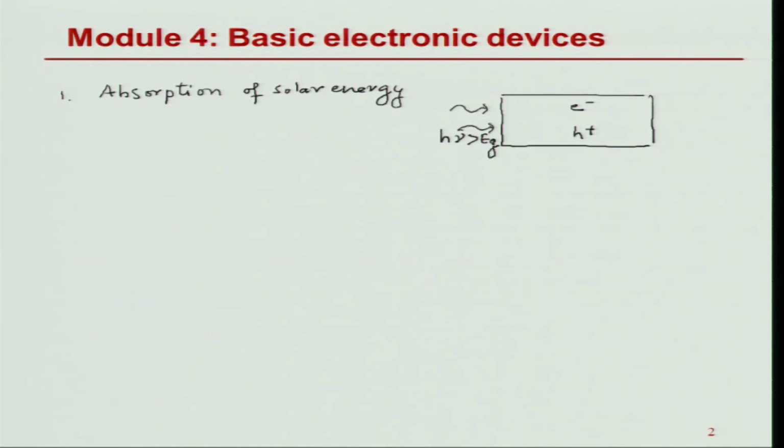So semiconductors by their material properties are amenable to absorb light greater than their band gap, and create an electron hole pair.